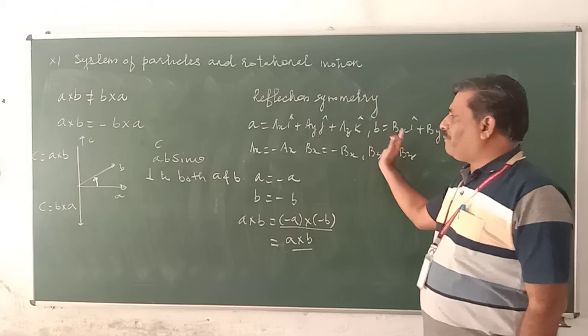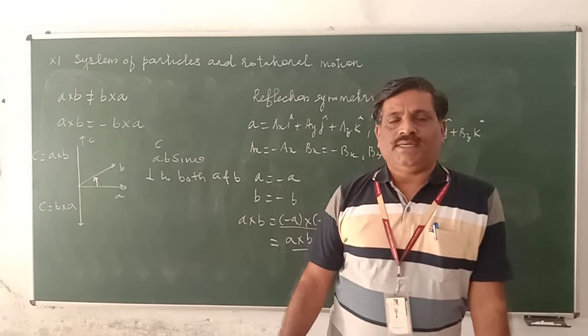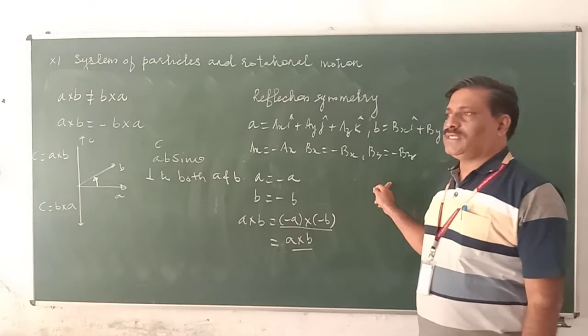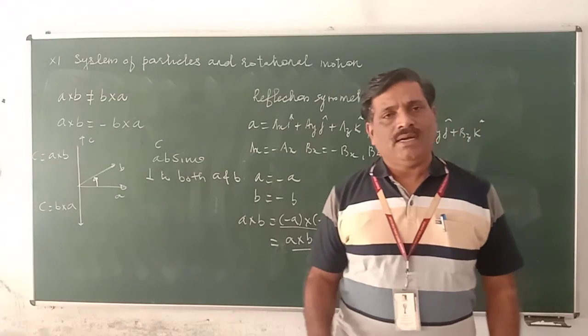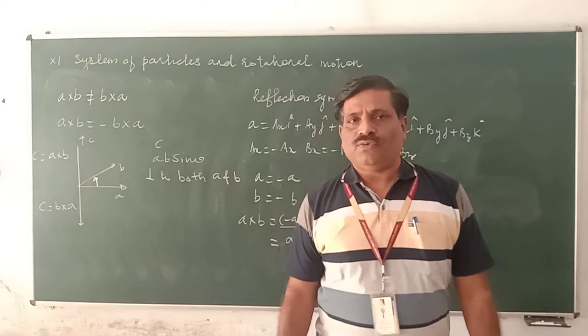This is the meaning of reflection symmetry. This is the only extra property discussed in this topic. Otherwise, the remaining properties we have discussed in the previous chapter. That's all for this. Thank you.